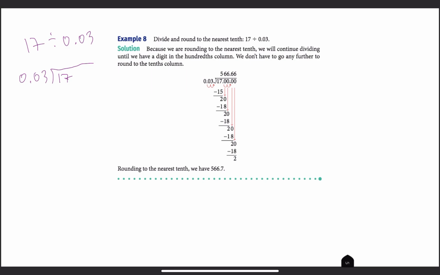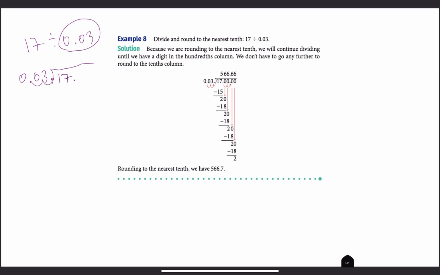So I'm going to move the decimal over until the divisor here is a whole number. So I'm going to move this over until it's a whole number. The only rule is that whatever I move that decimal by in the divisor, I have to do in the dividend as well.